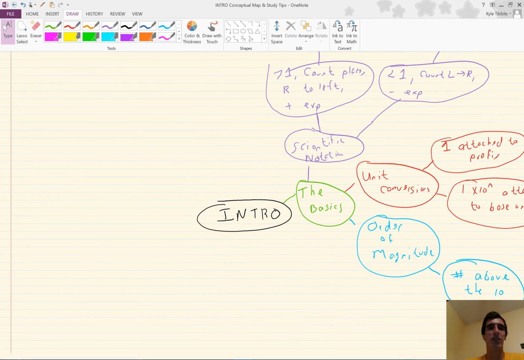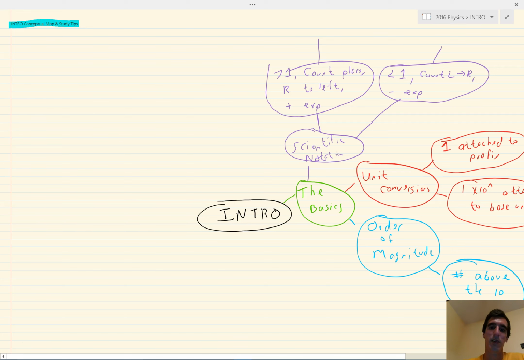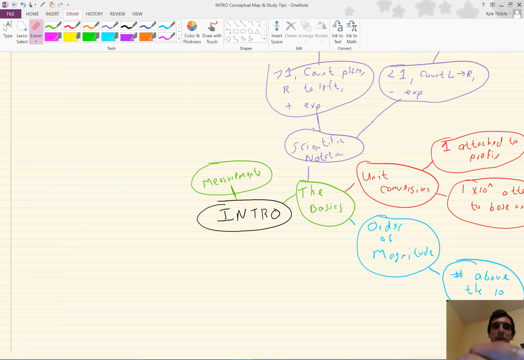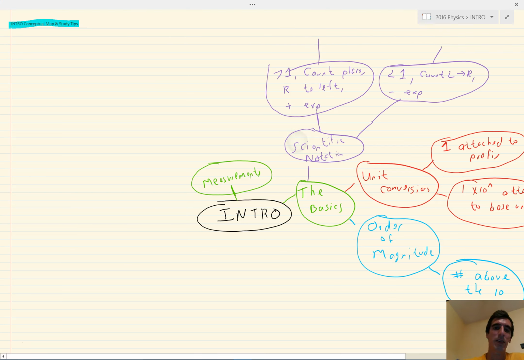All right, the next thing we could talk about is how we made measurements. Here we've got accuracy, precision, and sig figs, but we'll add that to precision.